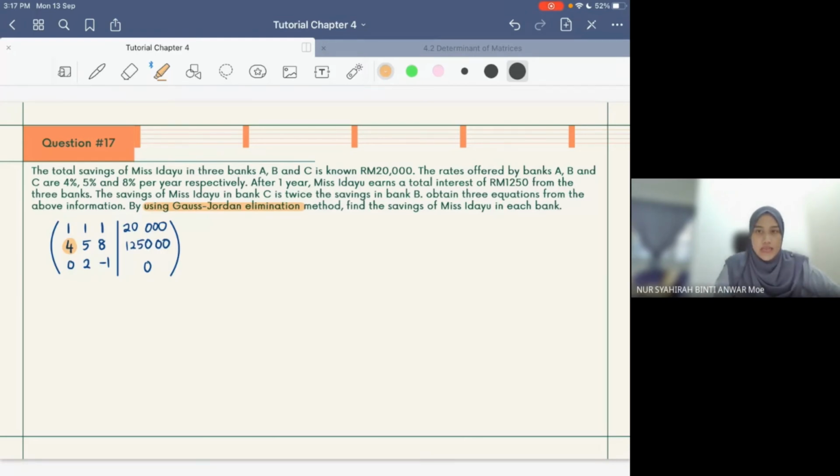Okay, so apa yang saya akan buat adalah row 2 yang baru. Okay, row mana yang ada 1 yang itu kita akan guna. So inilah. Kita akan darabkan dengan negatif 4. Row 1 tambah dengan row 2.